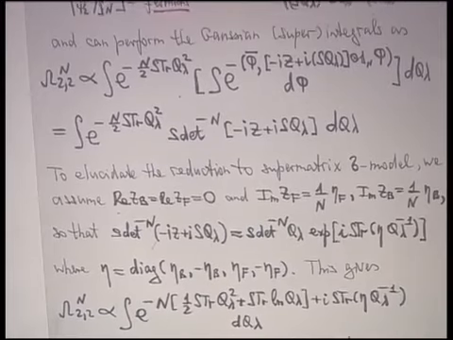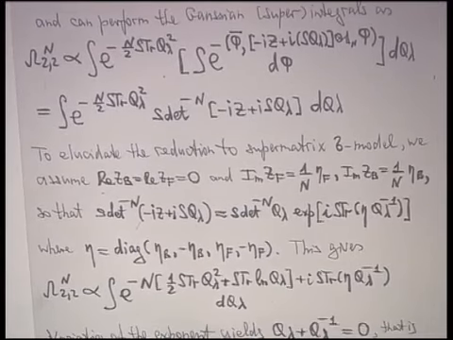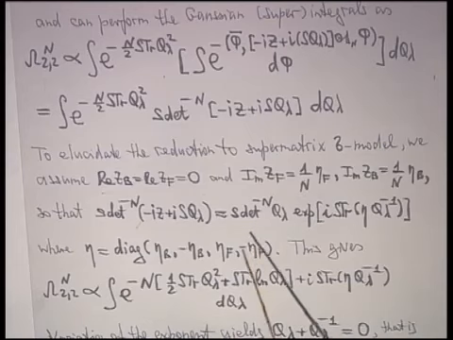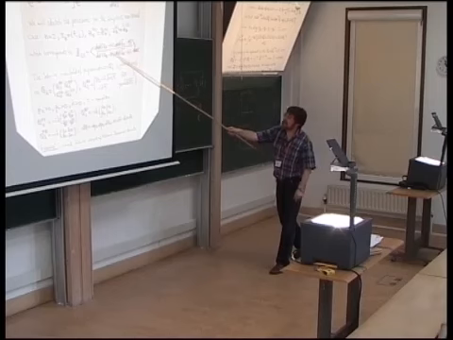Now, to elucidate the reduction to the supermatrix sigma model, let us even further simplify, probably to your disgust. Let us put even the real parts equal to 0. It's still a meaningful object, as long as we keep these two complex conjugate. So it's enough just to tell what the imaginary part is.